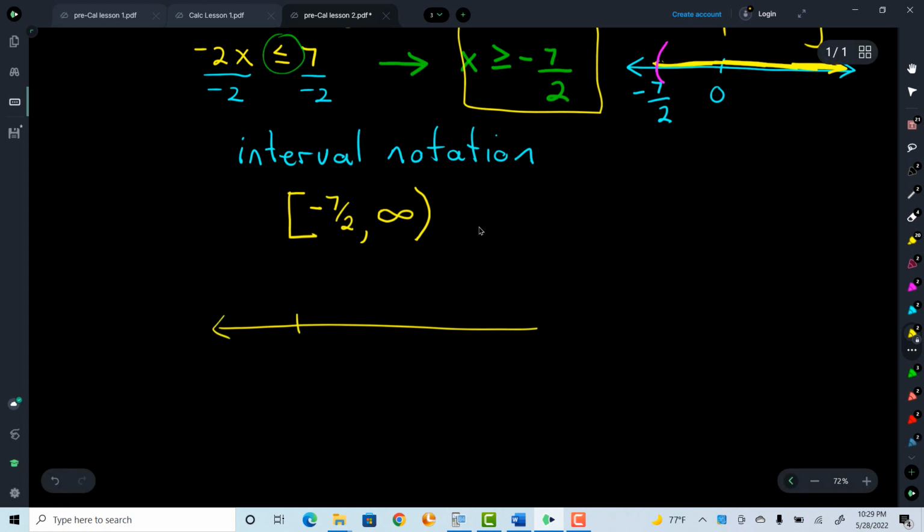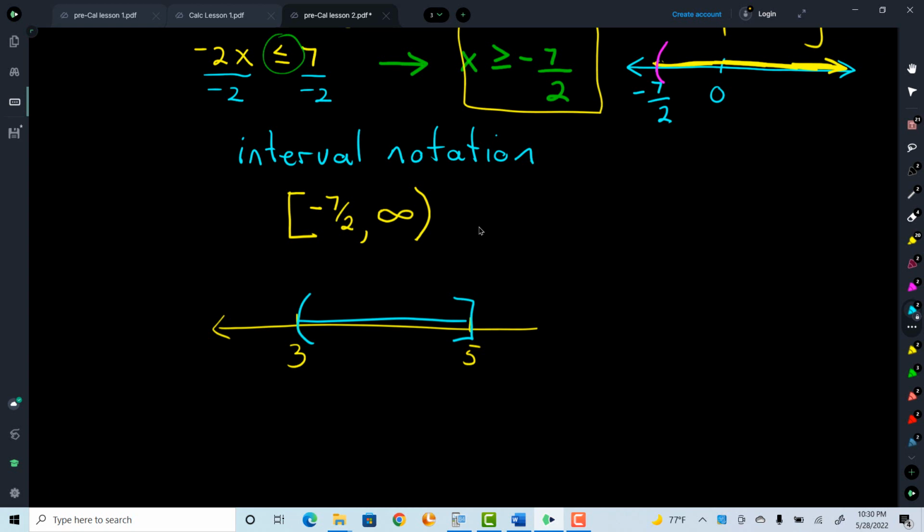So how would I write this solution in interval notation? Let's see here. We're going to go from 3, and we'll put a 5 there, and we're going to put a parenthesis, and we're going to put a bracket there. What does this solution actually represent? Everything between 3 and 5. Does it include the 3?